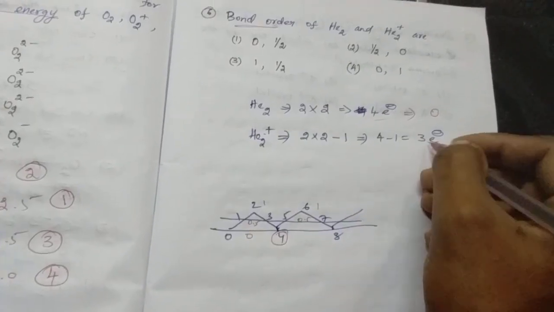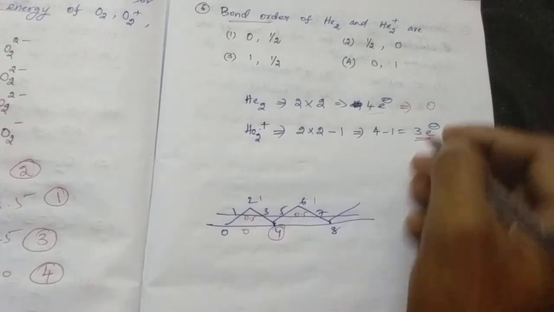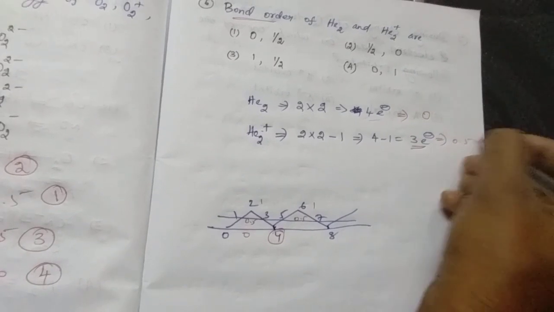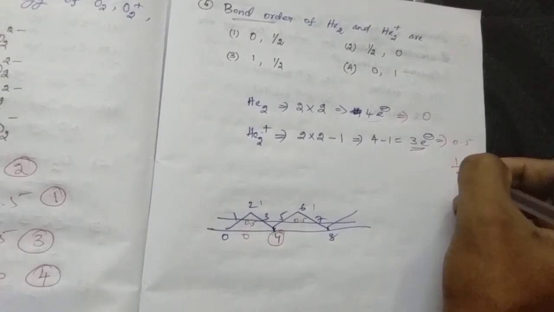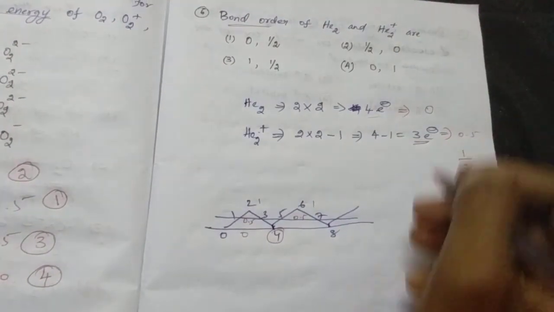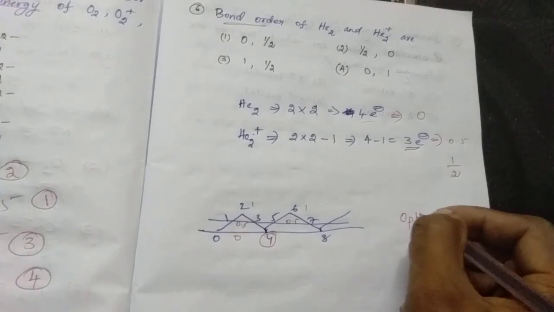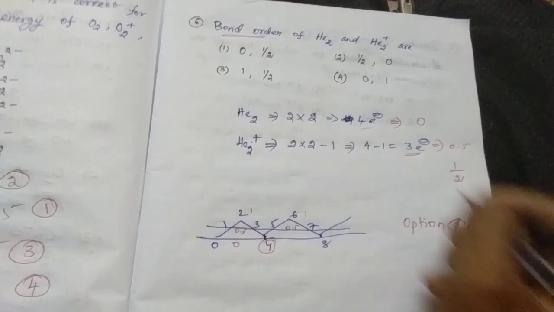For 2 electrons it is 0.5, and 0.5 is nothing but 1 by 2. Okay, you can tick option number 1.